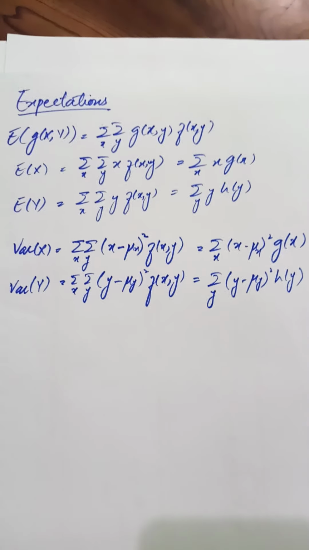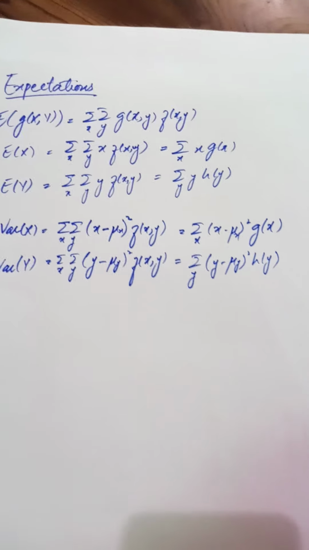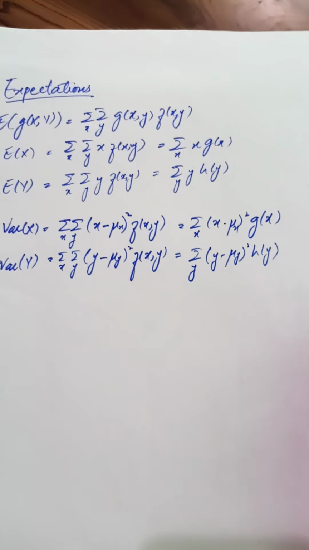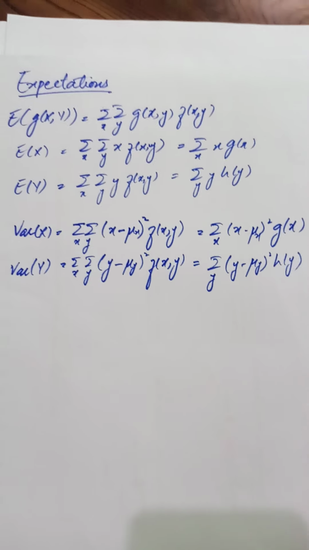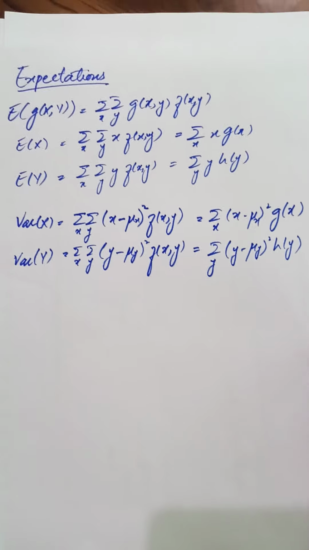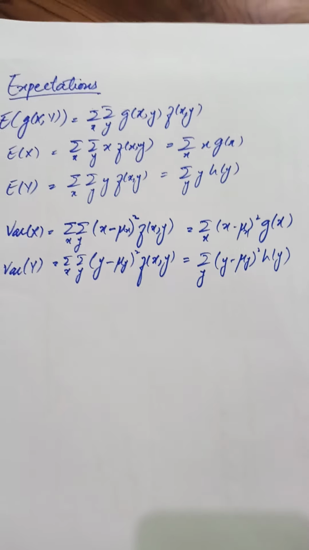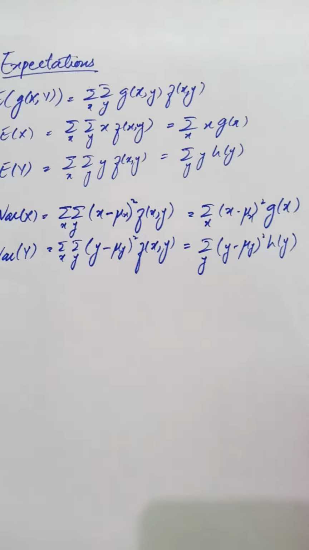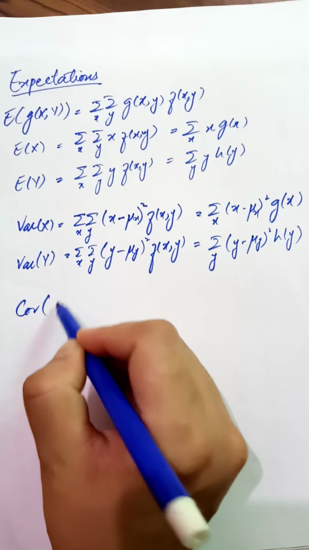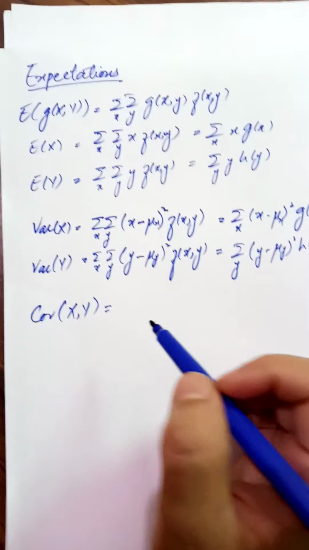Furthermore, when we have two variables, we have another quantity that we can compute. It's the covariance of x and y. Covariance tells us how the two variables are related and how their variation is connected. How do these two variables vary together? So what would be the covariance?